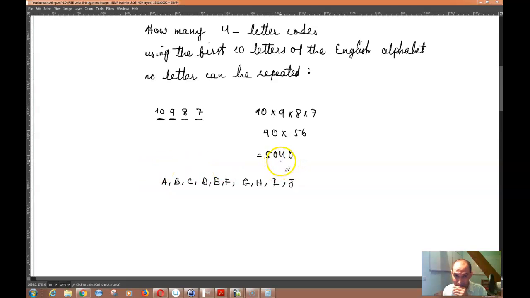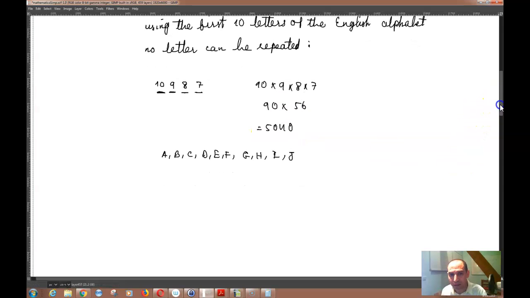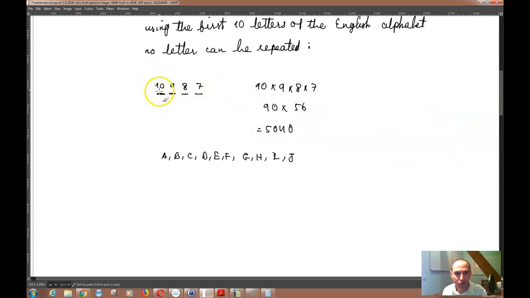So that means that for the first placeholder here, you can fill it with any of these letters. Then for the next placeholder, you have to exclude that from the letters that you can use, and use the next ones.